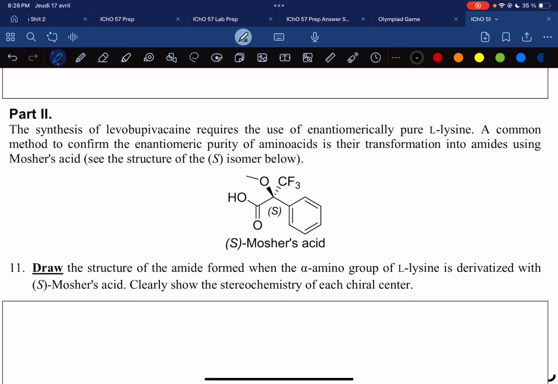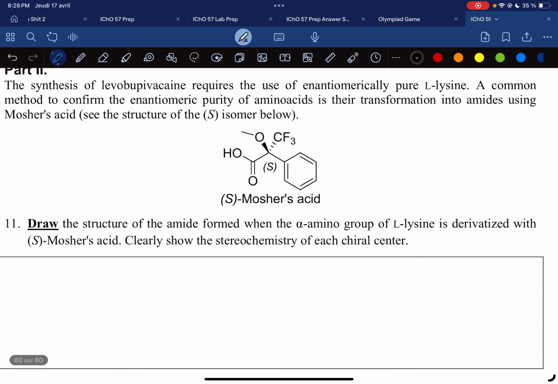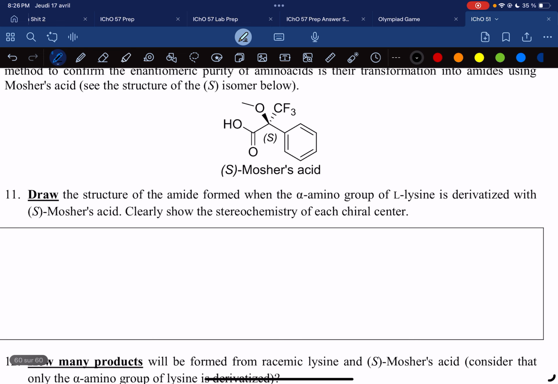Okay. Part 2, the synthesis of that requires the use of enantiomerically pure L-lysine. A common method to confirm the enantiomeric purity of amino acids is the transformation into amides using Mosher's acid. Draw structures of the amide when the alpha amino group of L-lysine is derivatized with Mosher's acid. Clearly show the stereochemistry of each chiral center.